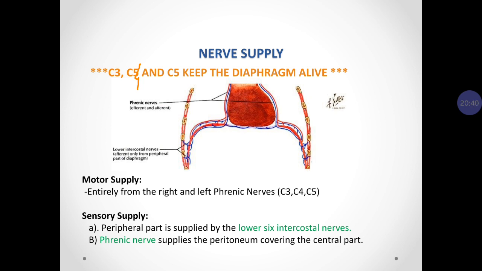Number 3, the diaphragm helps in weightlifting. Number 4, the role of the diaphragm in abdominal straining. The details of all this you will discuss in your physiology sections, but a brief introduction of all of this will be continued now.